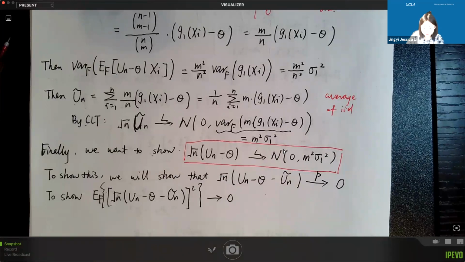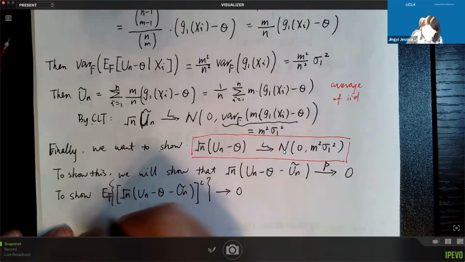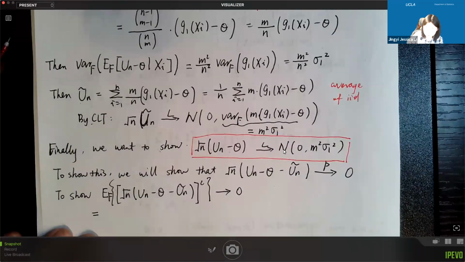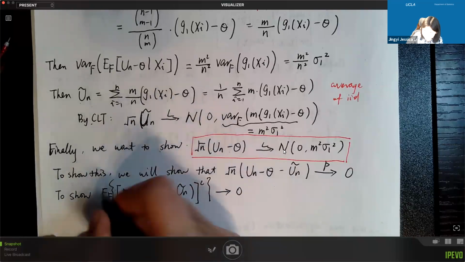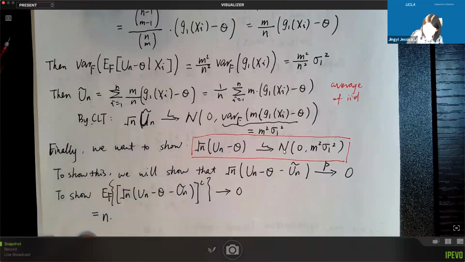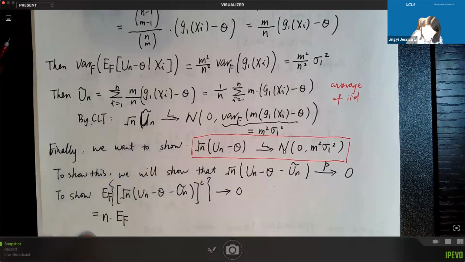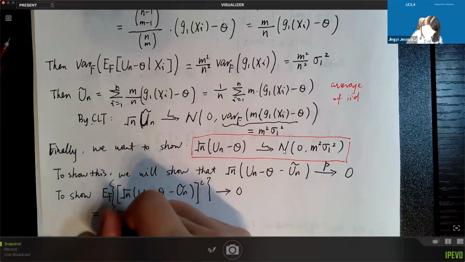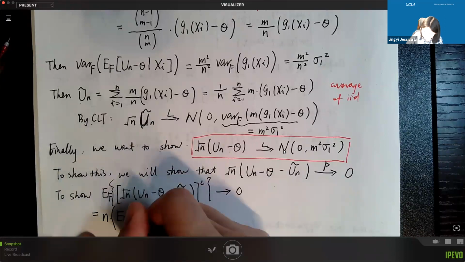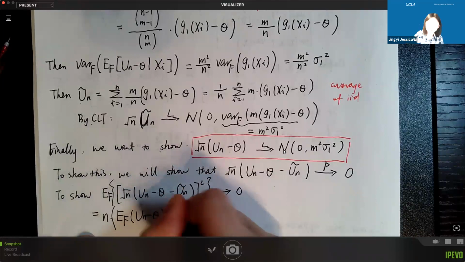The first thing: let's do the expansion of this left-hand side. We can get n out, and then inside the expectation, we have the expectation of (Un minus theta) squared.